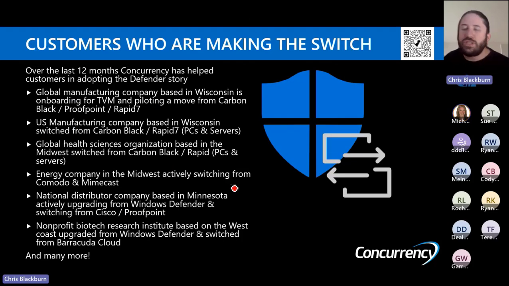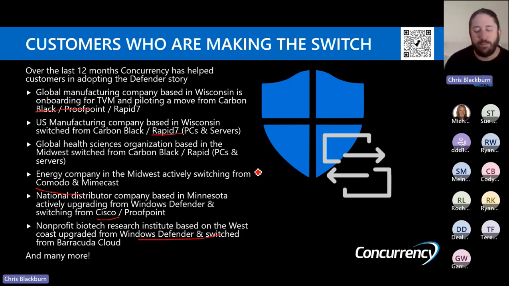And so, these are just a couple of examples of, in the last month, even myself personally, working with organizations that are based around the globe as they made their move from Carbon Black, Rapid7, other third-party products, Cisco, etc., and moved to Defender.